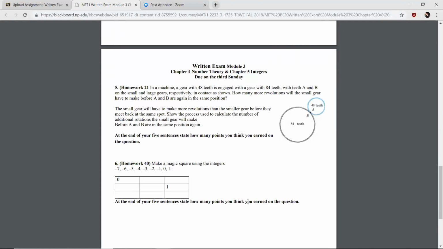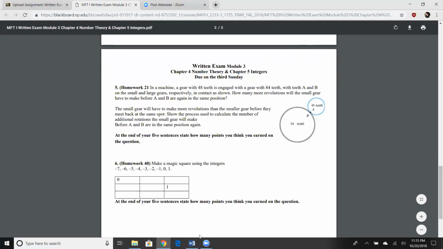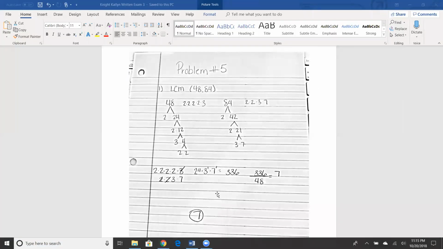So basically, we're looking for the least common multiple to see how many times it's going to take 48 to spin to get to 84 again. So here's how we can do that easily.